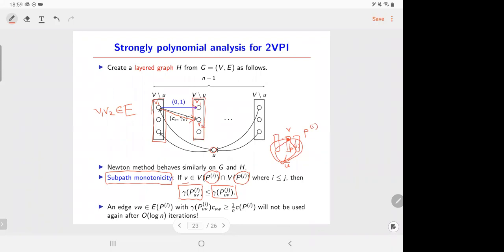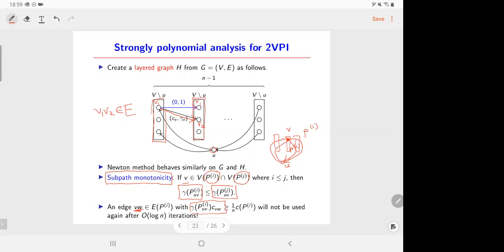And this is very important for strong polynomiality. Because now let us look at one particular loop, and look at an edge whose cost multiplied by the gain factor of the subpath is at least a 1 over n fraction of the cost of the loop.